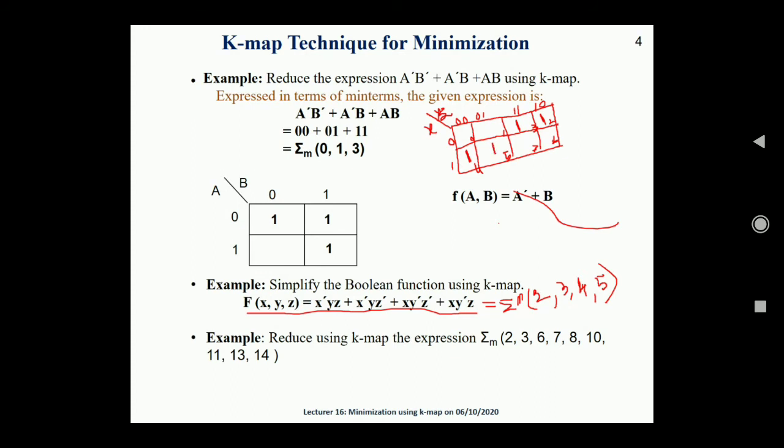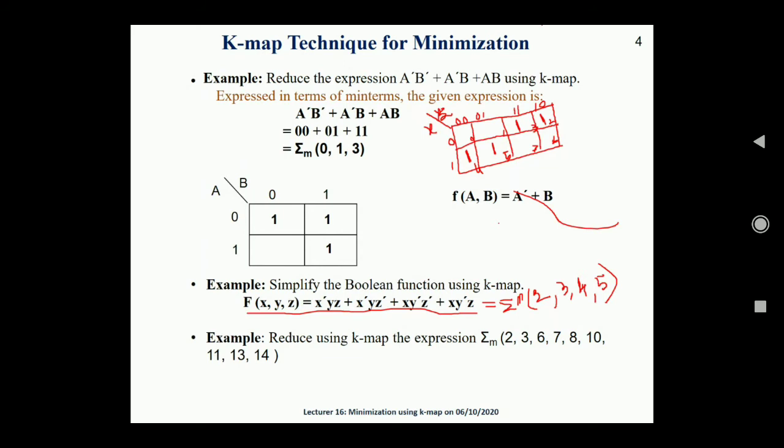Now how can we make the groups? We cannot use this diagonal group. Always remember your main objective is to make the largest group. If you consider only small groups, many terms and literals are created and the expression is not minimized. Why do we use the K-map?